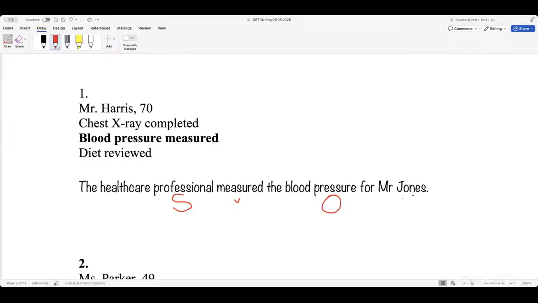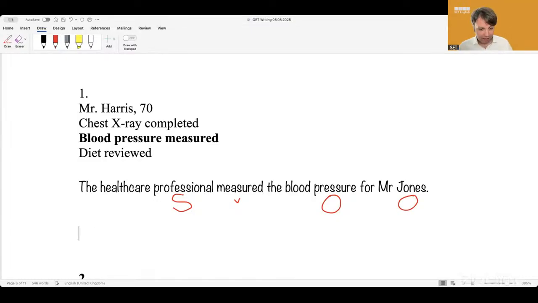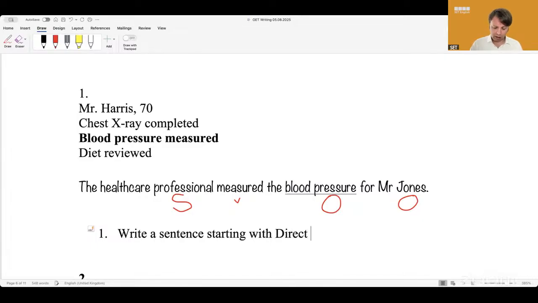So, everyone in the chat, quickly write me a sentence starting with blood pressure, the direct object. Quickly in the chat. You should all be able to do this now. So the blood pressure was, write it in the chat quickly. So number one, write a sentence starting with direct object.